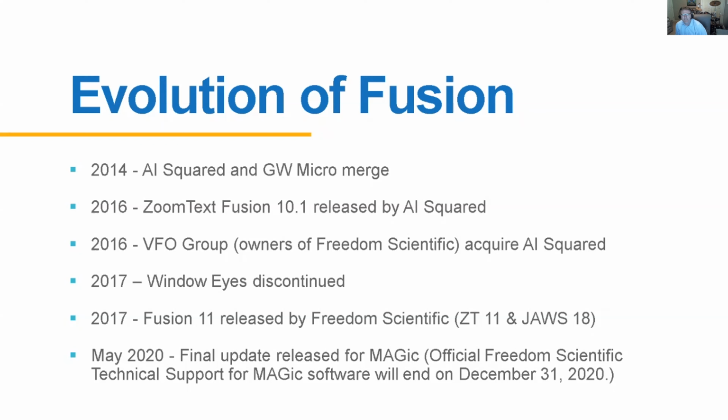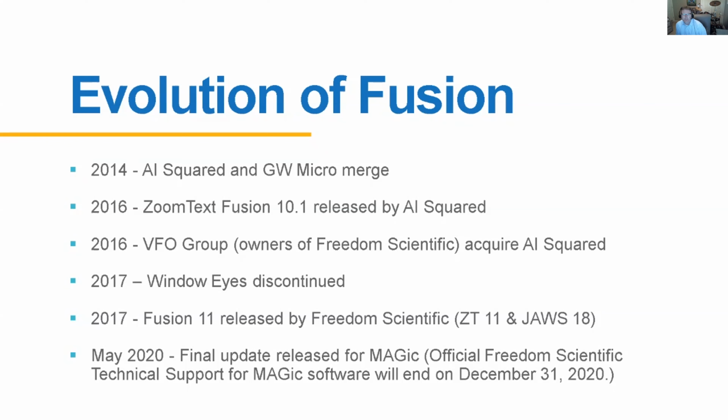So in 2017, Window Eyes is discontinued. And in 2017, Fusion 11 was released by Freedom Scientific, which was composed of ZoomText 11 and JAWS 18. With Fusion, it's personal preference, but they've taken the most popular screen reader and magnifier and put them together.